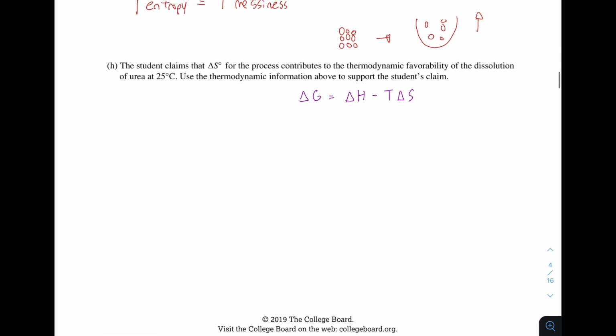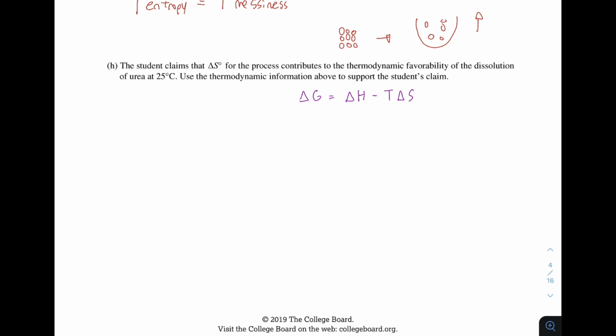So the last part of question 1 of the 2019 AP Chemistry exam says that the student claims that the change in entropy for the process contributes to the thermodynamic favorability of the dissolution of urea at 25 degrees Celsius. Use the thermodynamic information above to support the student's claim.